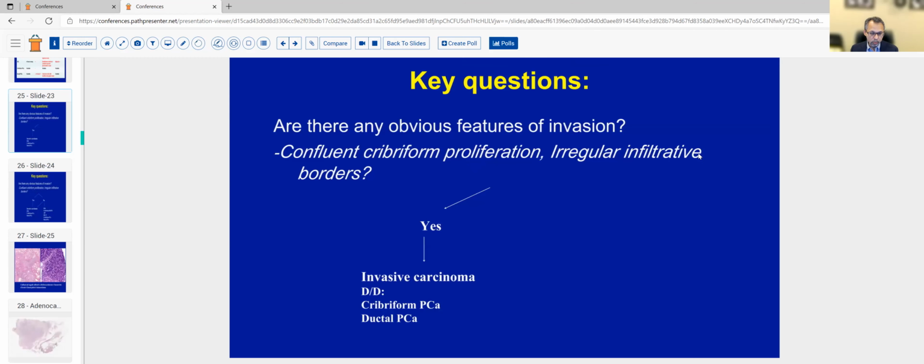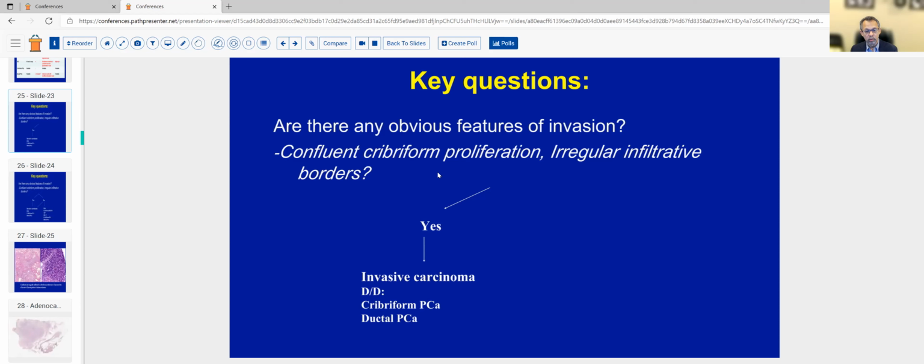The first very important thing that I always ask is, are there any obvious features of invasion? What I mean by obvious features of invasion: do you have confluent cribriform proliferation, or mass forming or almost balls of cribriform proliferation? Is the cribriform proliferation showing irregular infiltrative borders? Do you see perineural invasion or extraprostatic extension?